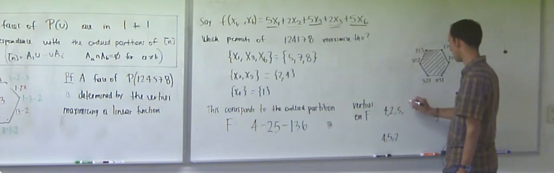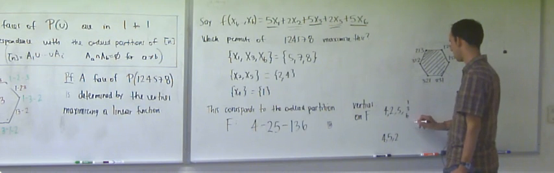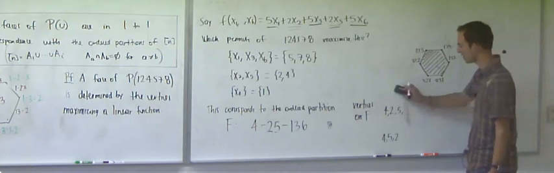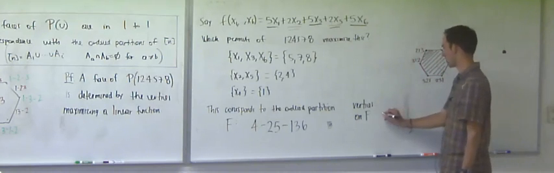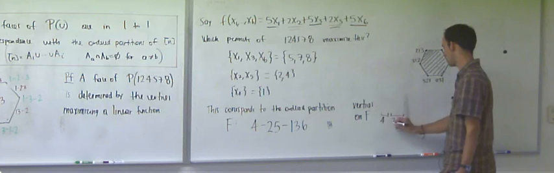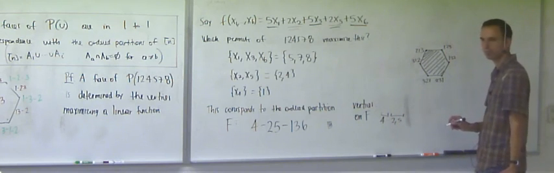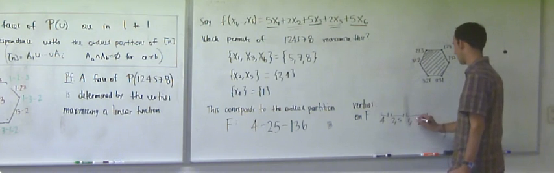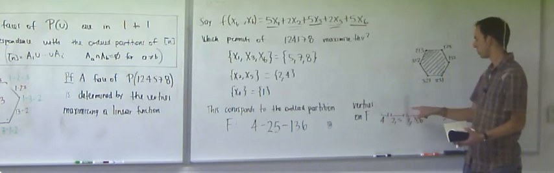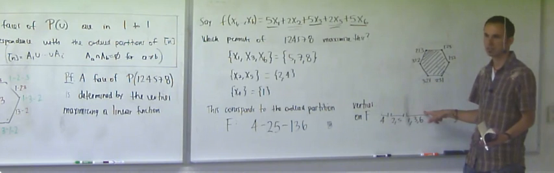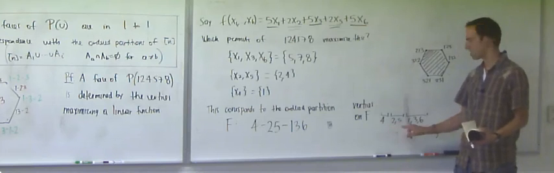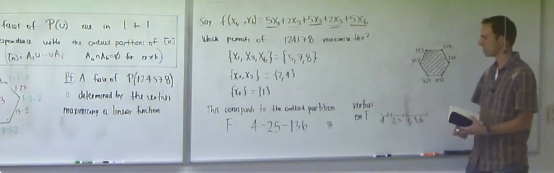Basically, I'm saying that the vertices are those where the first coordinate is a 4, the second and third coordinates are a 2 and a 5, and the last coordinates are a 1, 3, and a 6. So one of the vertices is 4, 5, 2, 6, 1, 3. How many vertices are there? Well, I have 2 choices for how to organize these, and 6 choices for how to organize these, so there are 12 vertices.